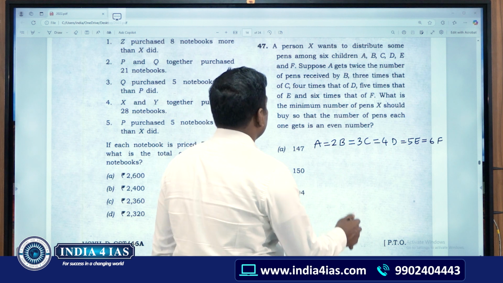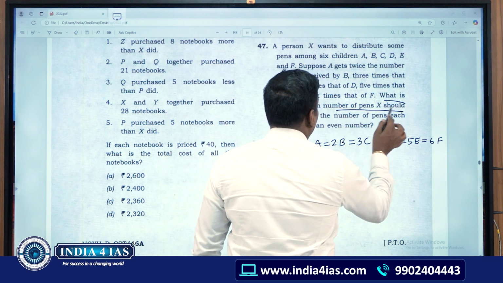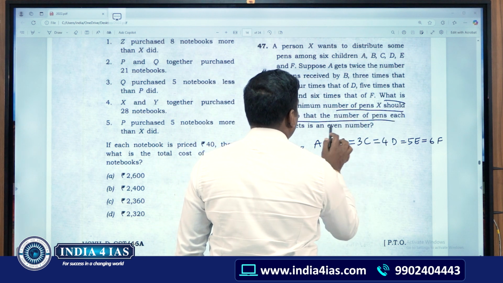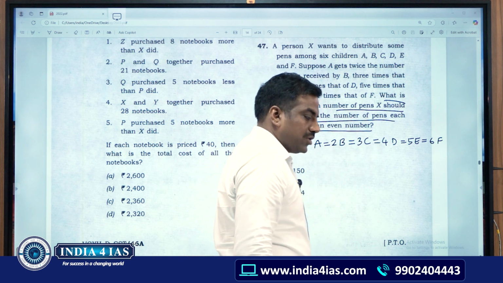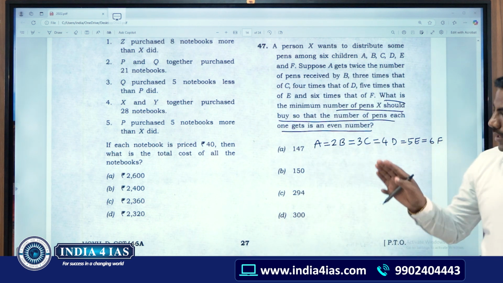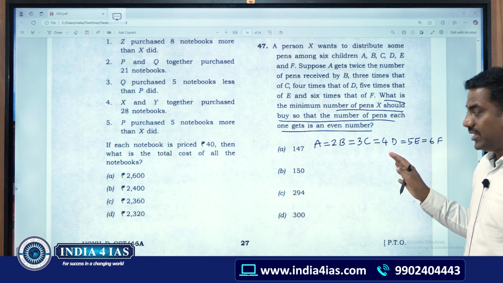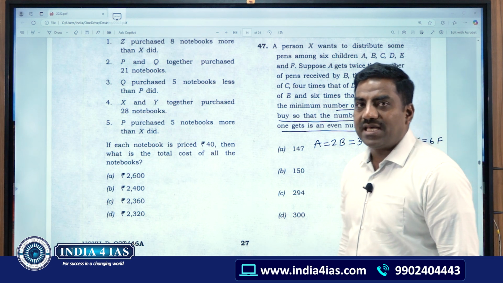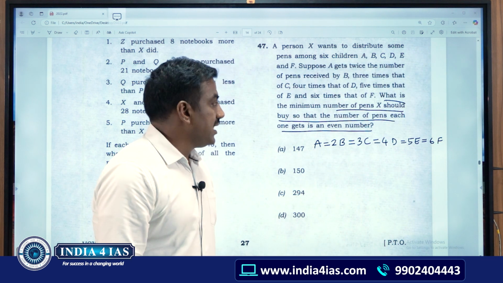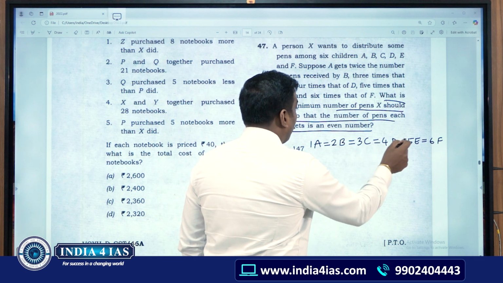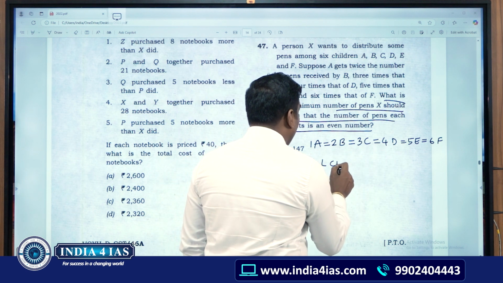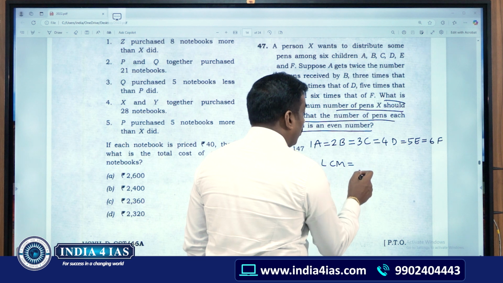Now, what is their question? What is the minimum number of pens X should buy so that the number of pens one gets is an even number? So in such cases, when different variables are equated, directly you go for the LCM of these coefficients. So here 1, 2, 3, 4, 5, 6. The LCM of these coefficients is equal to 60.